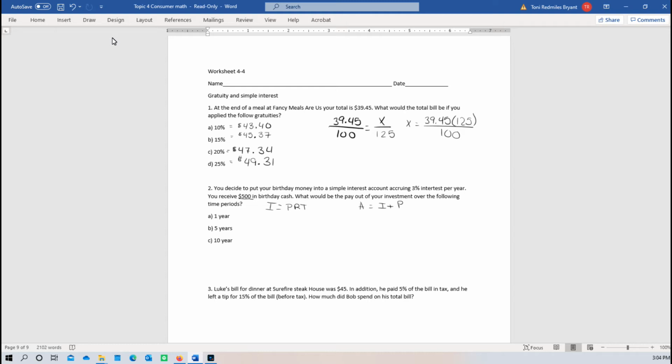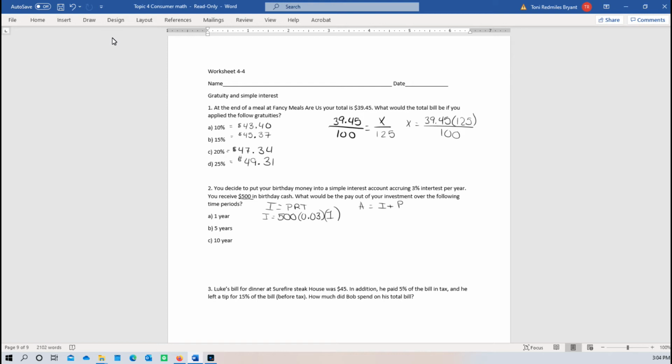So in the first one, to find my interest, I have to put in my principal, which is 500. That's how much I'm investing. Our rate, which is 3%, which I have to turn into a decimal. And our time, which for the first one is going to be 1 year. And that will be easy to multiply because I can basically disregard the 1 because it's not going to really change anything, right?